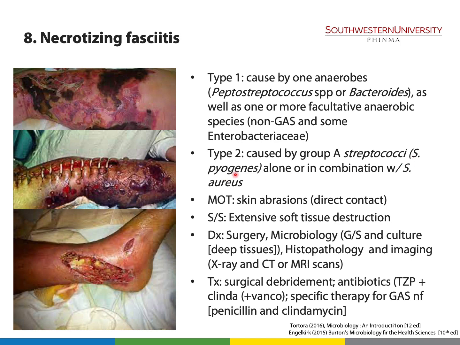That is why group A Streptococcus necrotizing fasciitis is referred to in some textbooks as flesh-eating bacteria. Type 2 can be caused by group A alone or in combination with Staph aureus, because Staph is a normal flora of the skin.